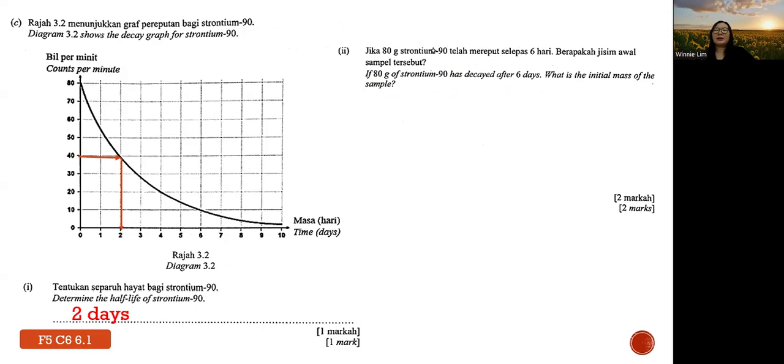Let's understand the formula involved. The formula in this context is N equals (1/2)^n times N naught. N naught is the initial mass, which is what we want to find out. They say 80 grams has already decayed.